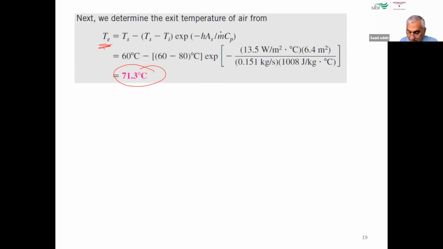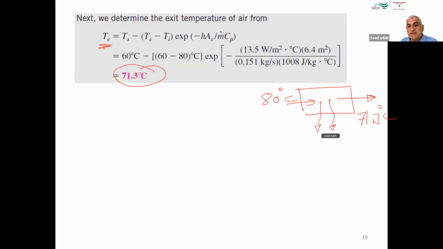The inlet was 80. This is the inlet of the duct, and the exit of the duct, we found it is 71.3, which means that we were losing heat while the air is flowing through the duct. Okay, so this is the exit temperature of the air.